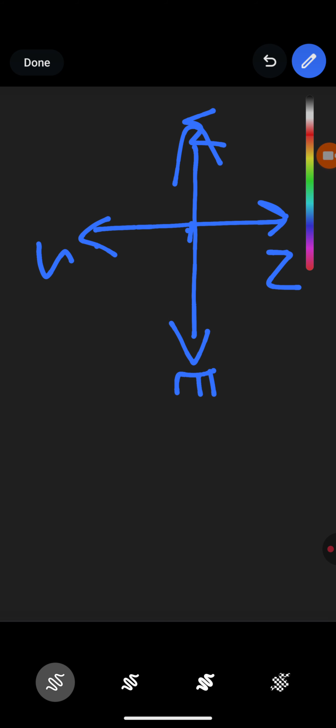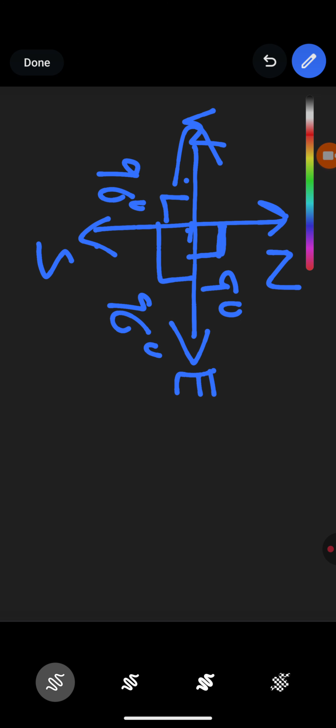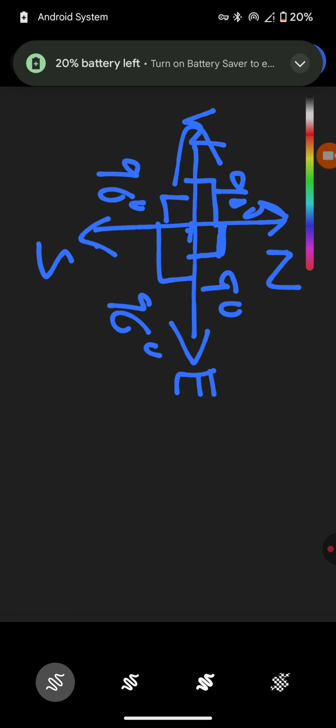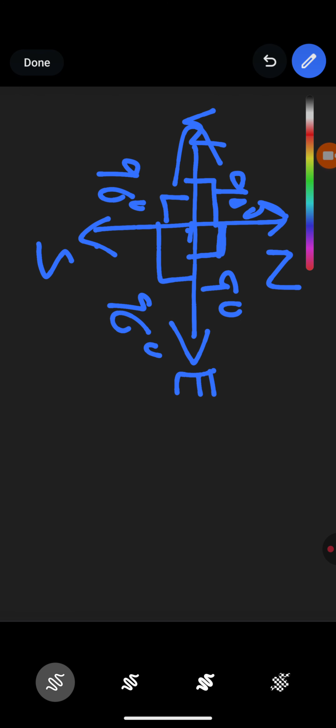So there are 4 arms here. So the angle between one arm and the corresponding arm is 90 degrees. So the arms are at 90 degrees. Anyway, 90 degrees, 90 degrees, 90 degrees.